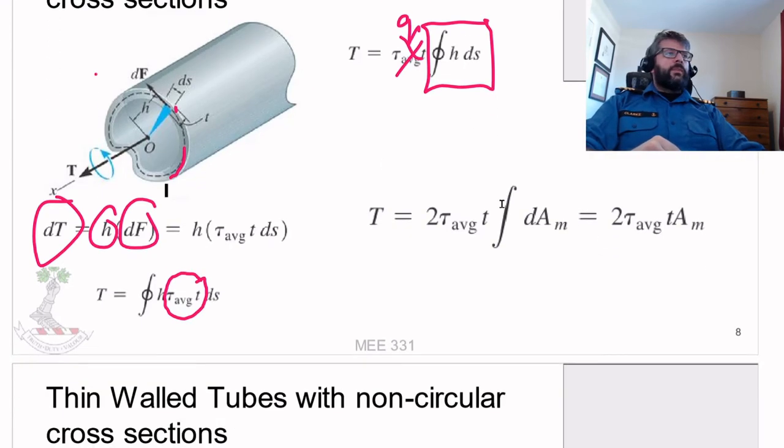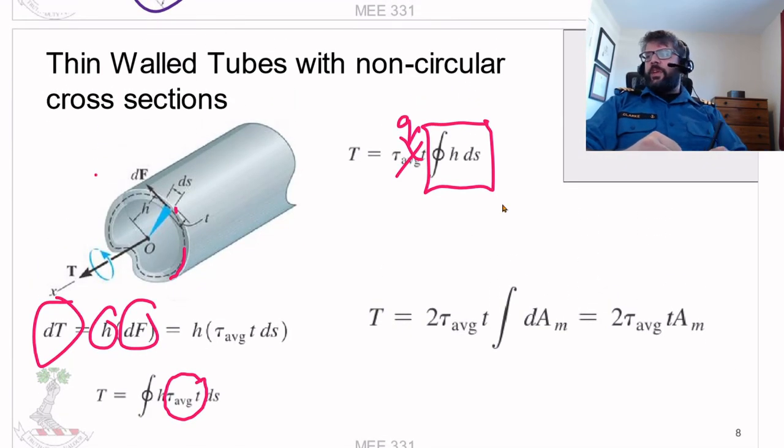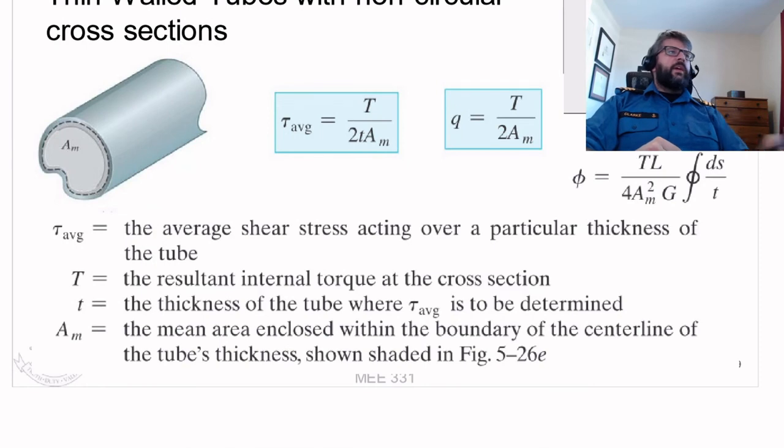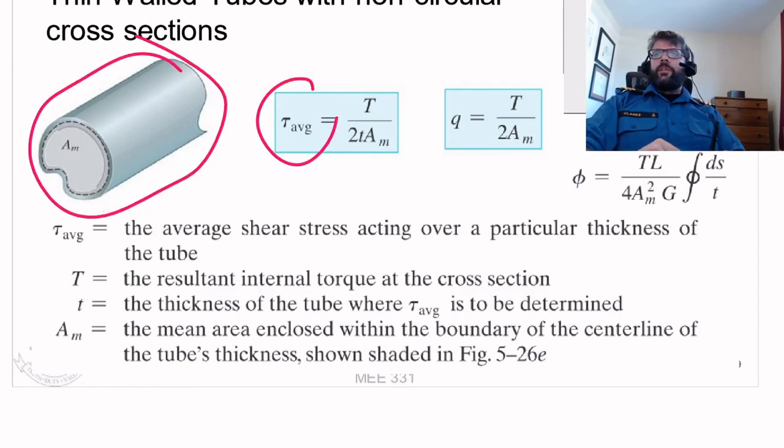So that's where we get this relationship between our torque and the stress. The torque is equal to twice the average stress times t times this A_m here. Or solving for our stress, or solving for q like this. That's in terms of the average stress.